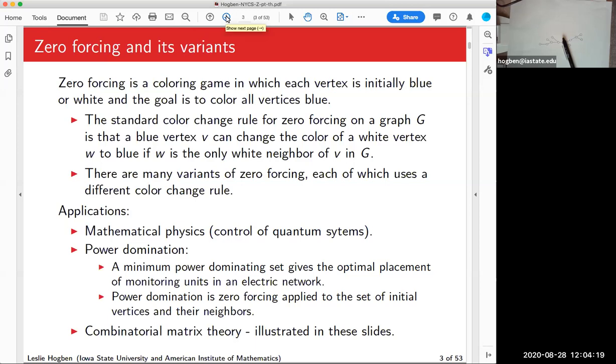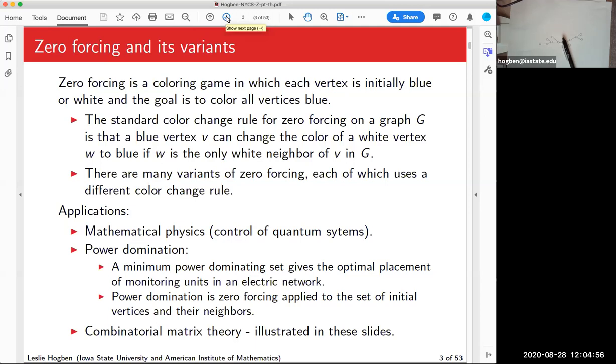As I mentioned, zero forcing grew out of applications. One of the first applications was power domination, and this actually predated the study of zero forcing. So power domination is modeling on a graph an electrical network, and you have phasor monitoring units, and there are certain rules for what these units can observe directly and for what these units can observe by solving systems of equations.